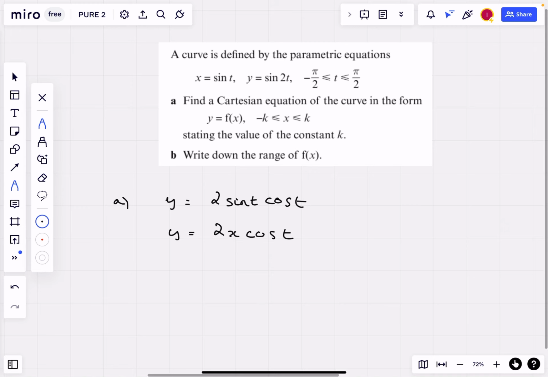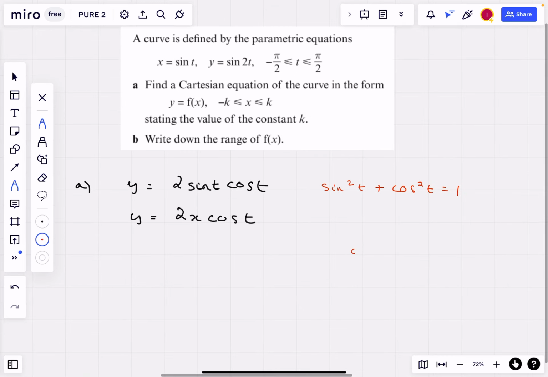So, what can you do from here, do you think? Well, let's take sine squared plus cos squared equals 1. And let's rearrange that for cos t.